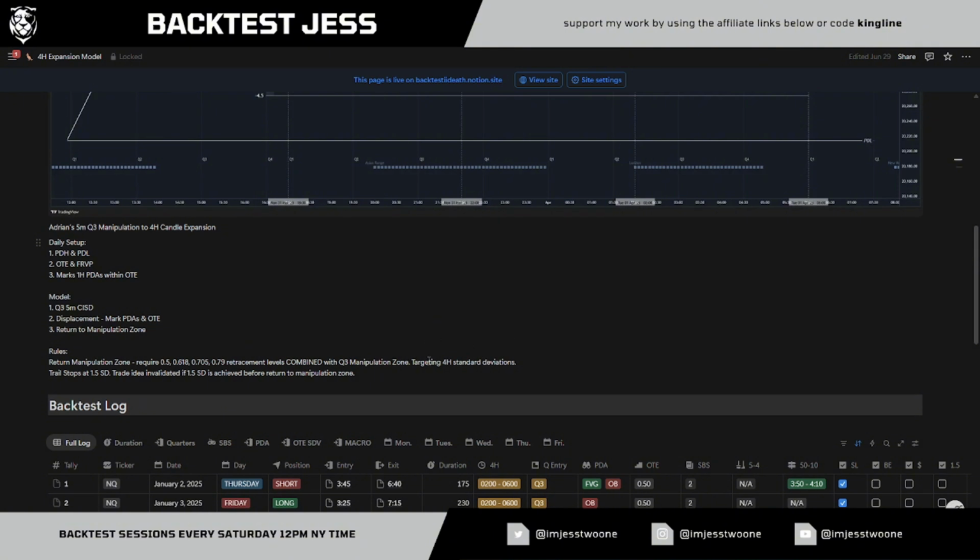Then we're going to target the 4-hour standard deviations, which are the deviations originating from this manipulation. Once we enter, we trail our stops at 1.5 standard deviations, or if price expands to 1.5 standard deviations before it returns to the zone, then this trade idea is invalidated.